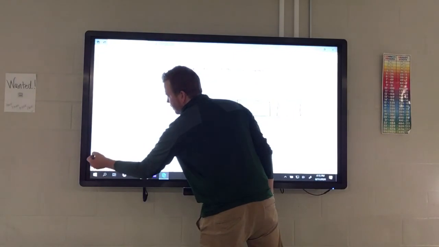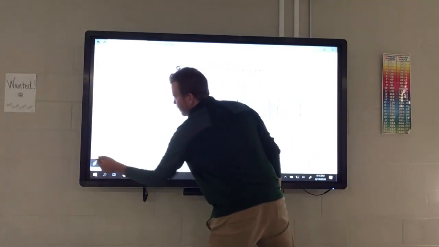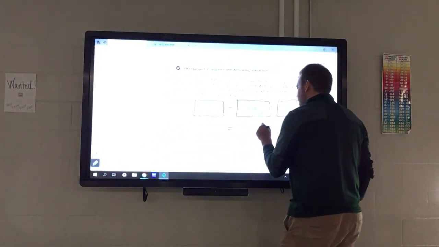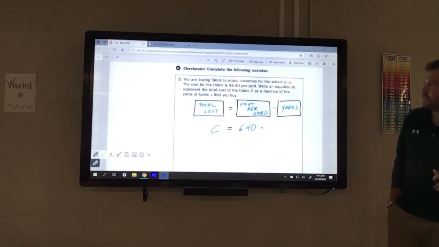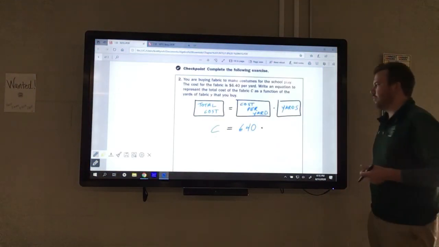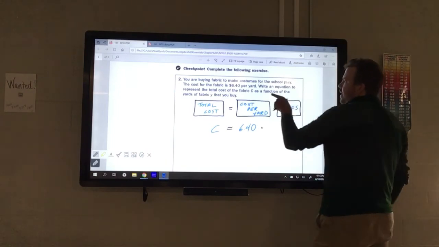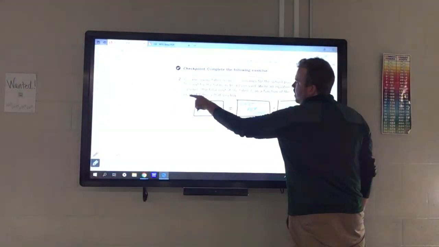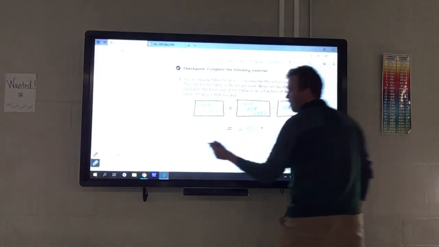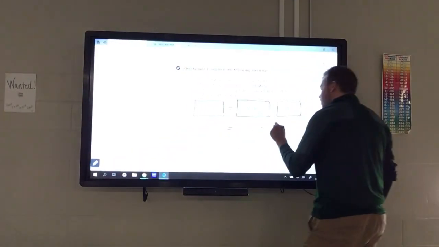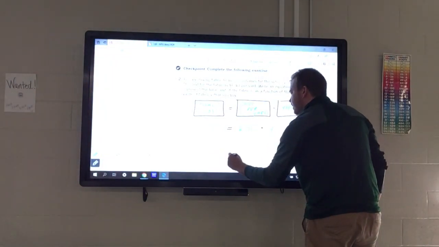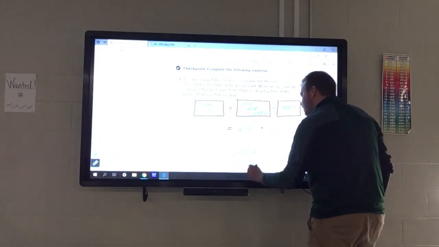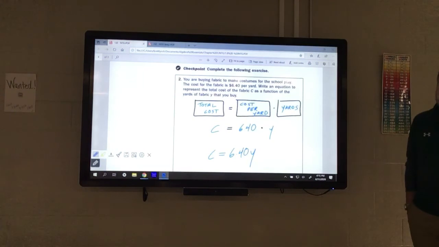Now, I don't know how many yards we're going to buy. So let's just use a variable there. They tell me to use yards of fabric Y. So we're going to use the variable Y. So our equation is C equals $6.40 times the amount of yards I buy.